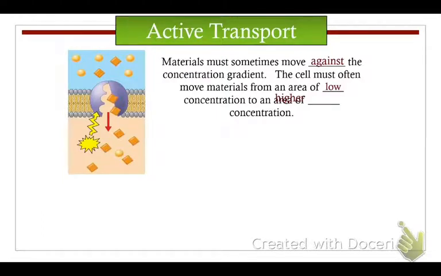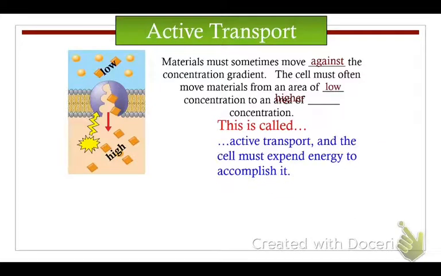No. Does it, quote unquote, want to move that way naturally? No. All right? So we can say this is called active transport, and the cell must expend energy to accomplish it.